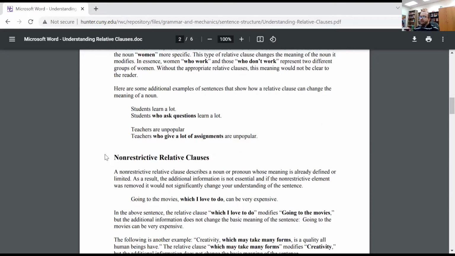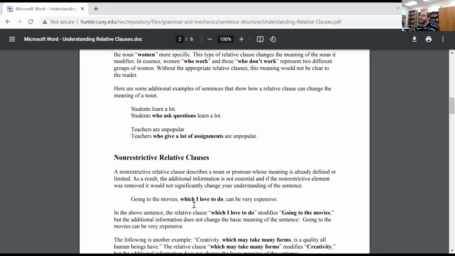Compare that to the non-restrictive clause. So let's say going to the movies, comma, which I love to do, comma, can be very expensive. Well, if you take that phrase out, you can say going to the movies can be very expensive. In that case, the sentence still makes sense.